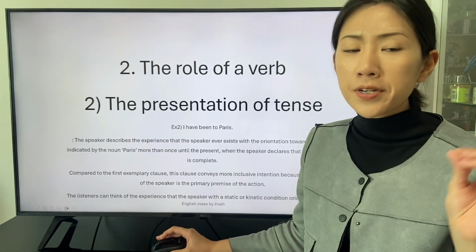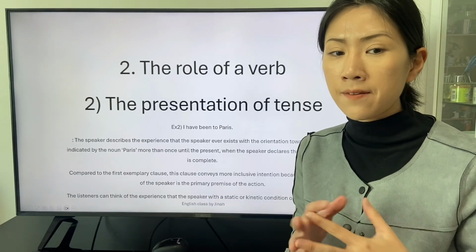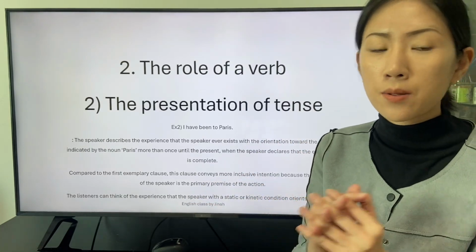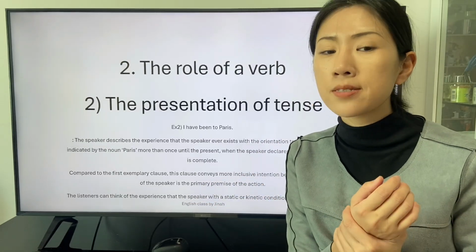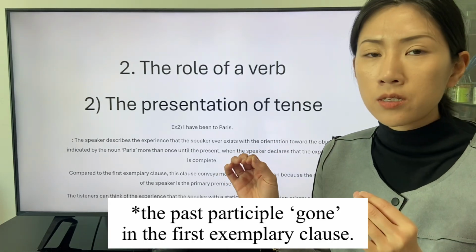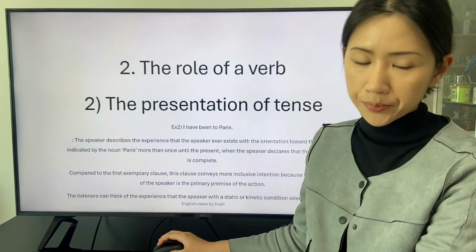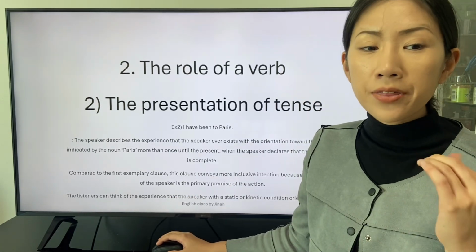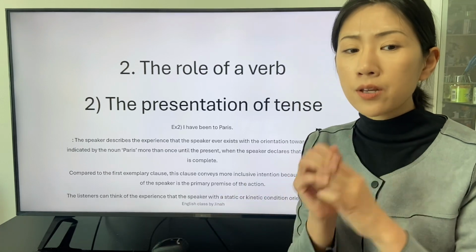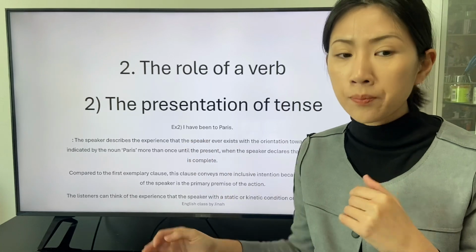Compared to the first exemplary clause, this clause conveys more inclusive intention because the existence of the speaker is the primary premise of the action. The listeners can think of the existence that the speaker, with a static or kinetic condition, orients to the object.